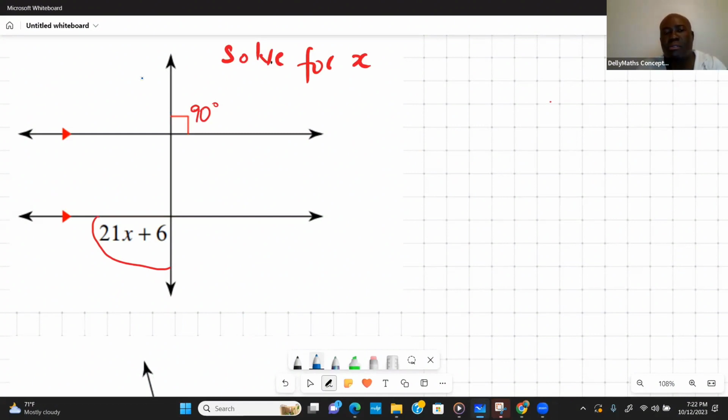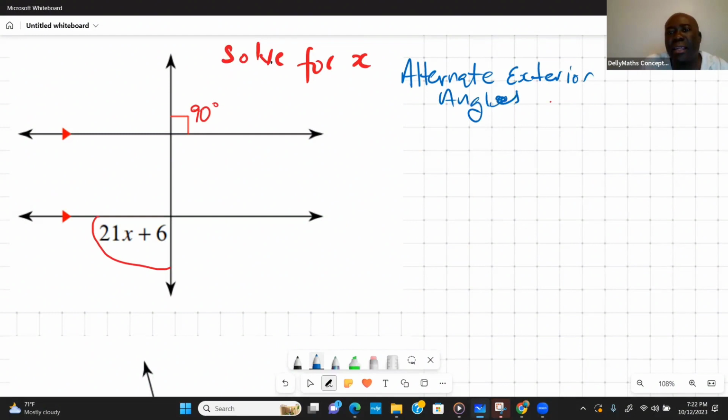The transversal creates a certain relationship between the parallel lines. So we are looking at alternate exterior angles. Alternate exterior angles are congruent.